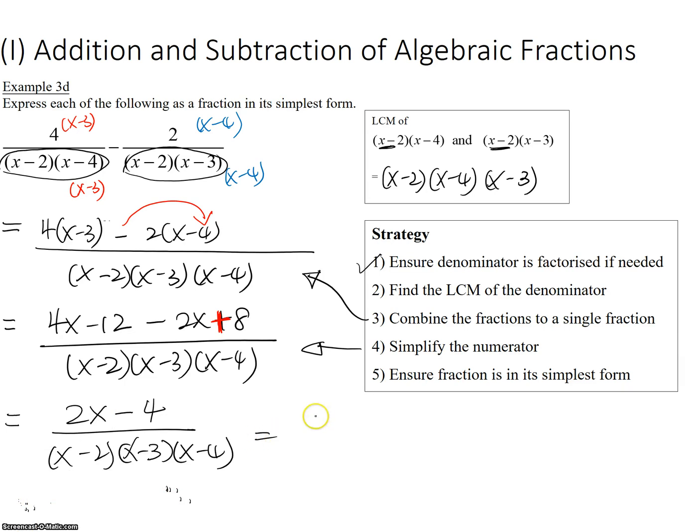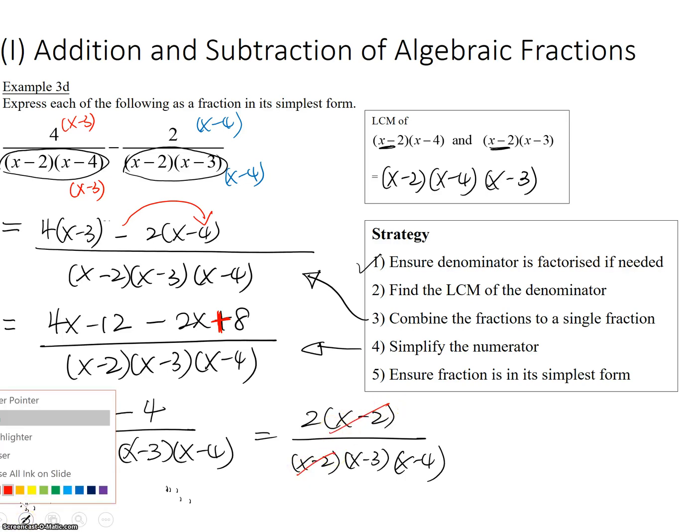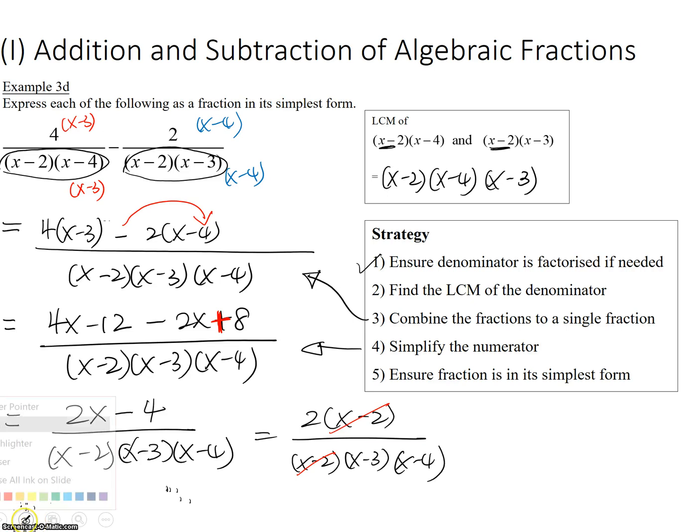Notice that this one can be further factorized. So factorize it. And then you notice that it can be simplified because they have a common factor, x minus 2. And with that, your final answer will be 2 bracket x minus 3 and x minus 4.